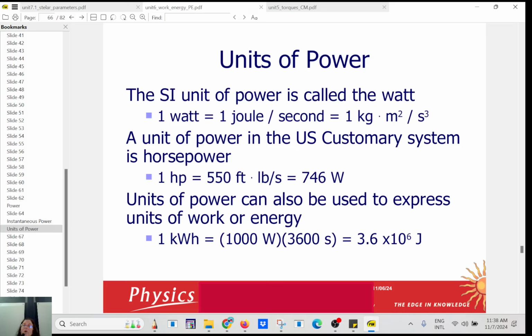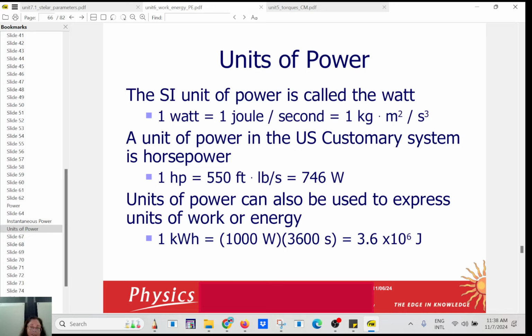That's how they came up with the horsepower. So 1 horsepower is the power of a horse, and it's about 746 watts, roughly 1,000 watts. And you can produce 1,000 watts only during a short time, except if your name is, what's his name, Usain Bolt.